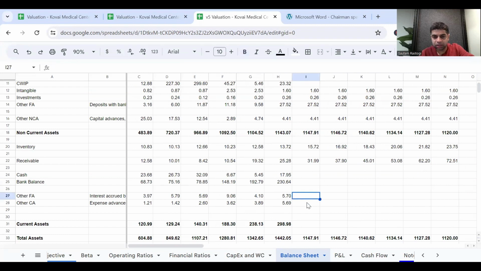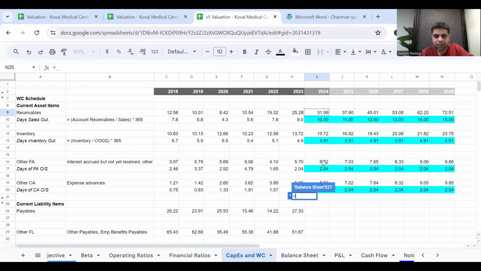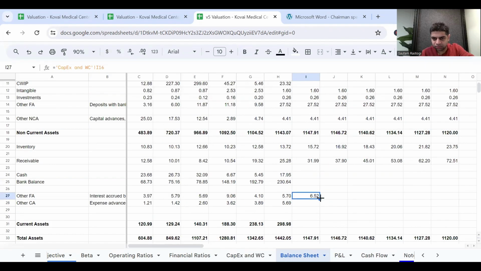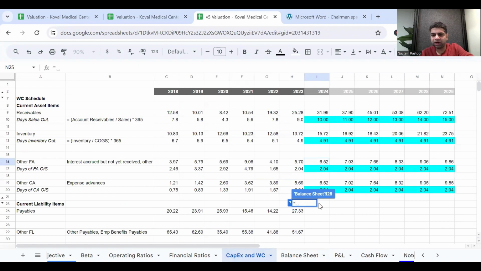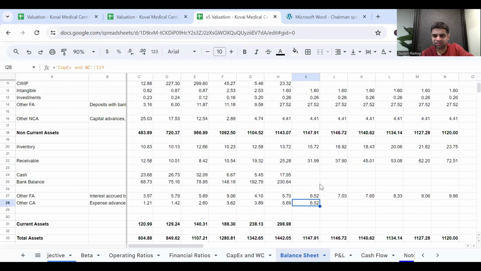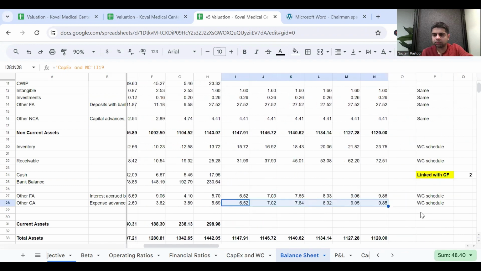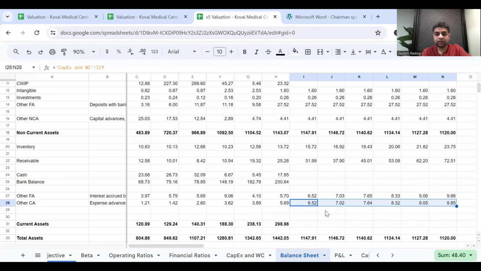Now, other FA we have estimated as well, so let's just pull it. Other CA we have estimated as well, so again, let's just pull it. So this is done.